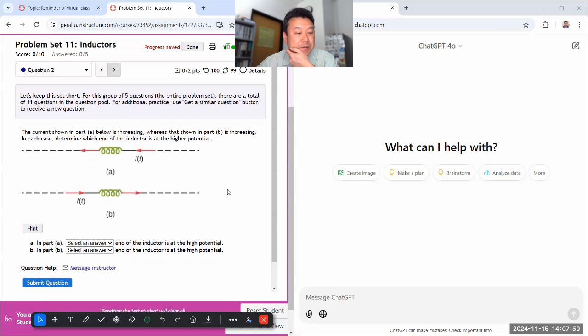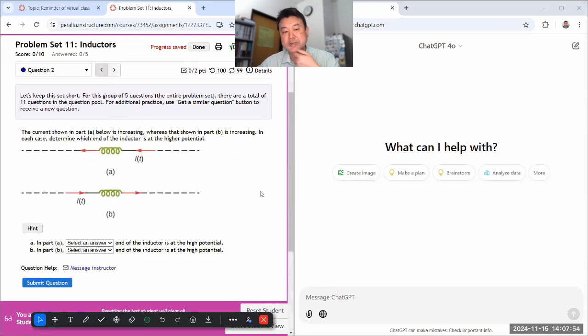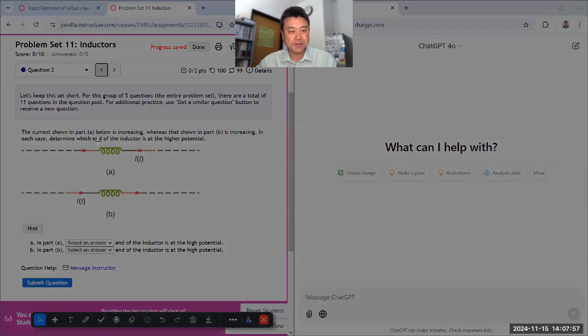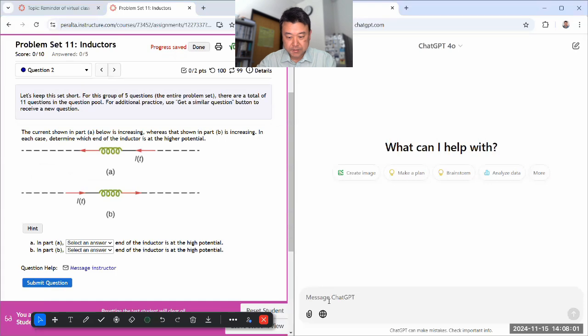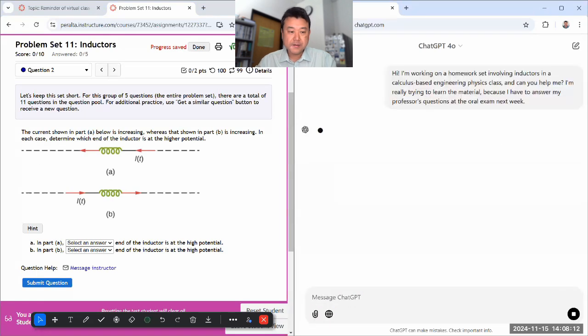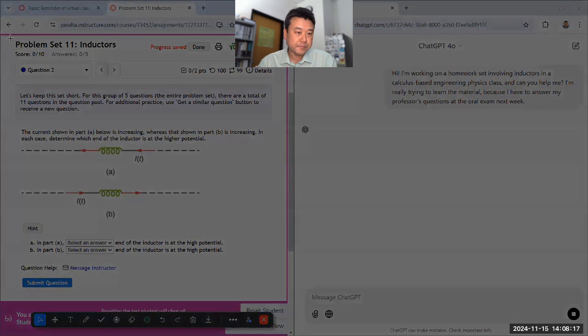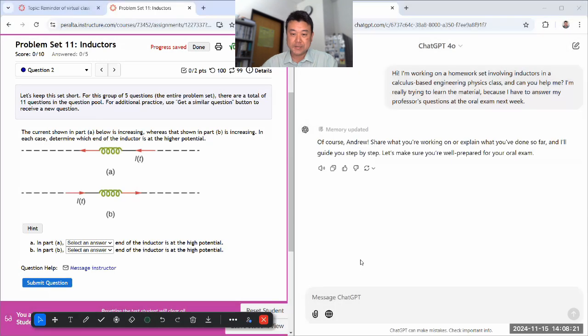Let me have ChatGPT answer this. I confuse myself with this setup all the time. Let's see if ChatGPT can get this right. Let me first paste in my message involving inductors. So let me give ChatGPT a full explanation.